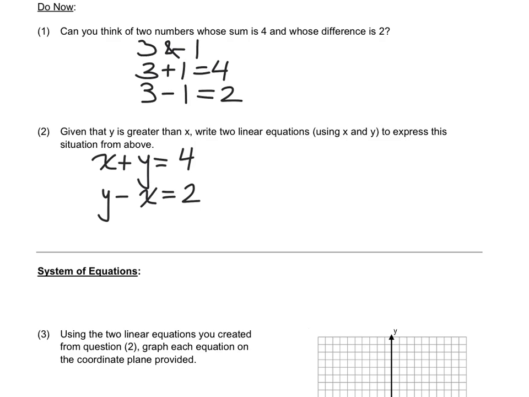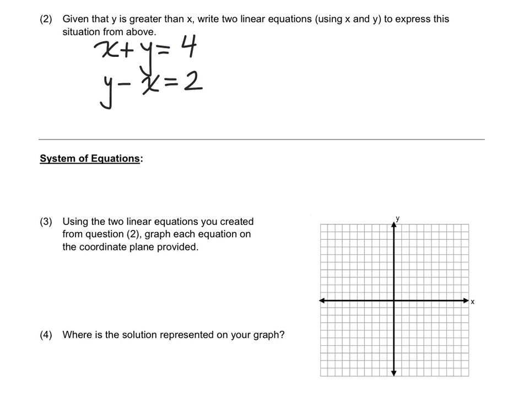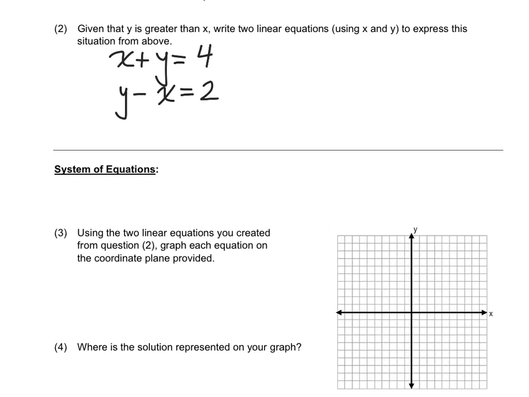Now they're telling us to graph these two equations. It says, using the two linear equations you created from question 2, graph each equation on the coordinate plane provided. And then what's the solution? There's a couple of ways to graph linear equations.